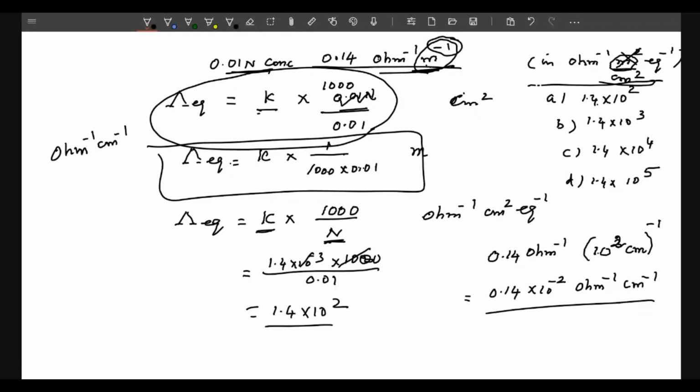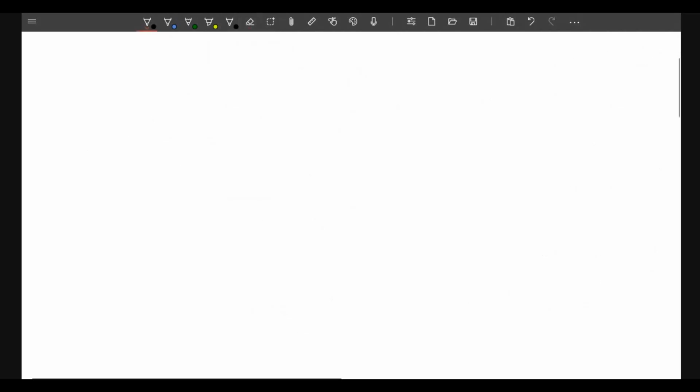Therefore, option A is the correct option. Here the conversion factor is very essential. How to convert it is simple, but you have to practice conversion problems at home. Take down the next type of problem.